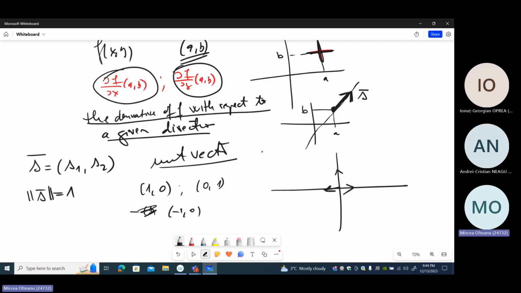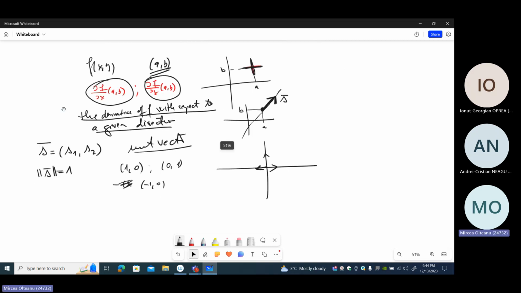And now the idea of the behavior of the function f when the argument xy is moving in an arbitrary direction given by a vector is to look at the projections on these directions.